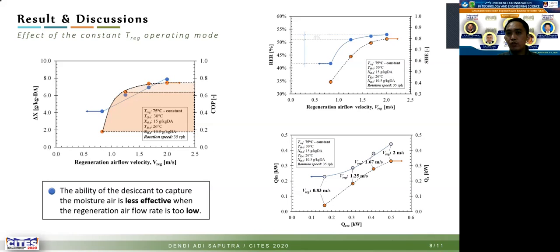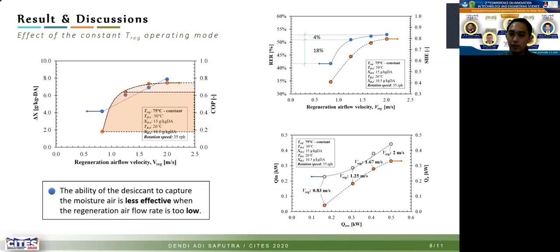This is also shown in the recovery energy ratio in the side figure, which increases as the regeneration velocity decreases, and the sensible heat exchanger effectiveness is strongly affected by regeneration flow velocity.